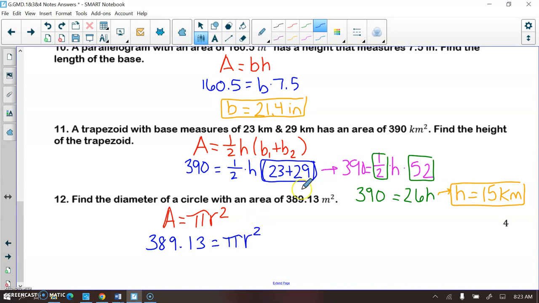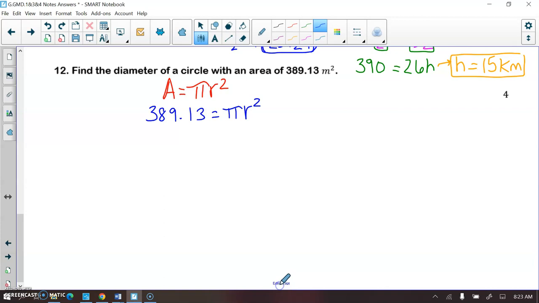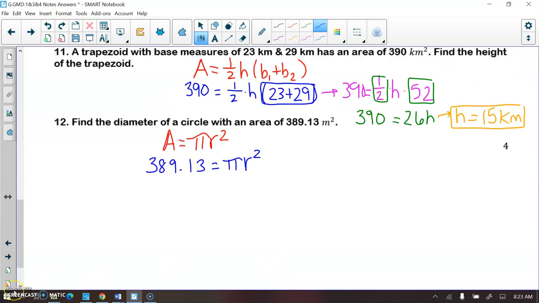All right, so here's where that pi button is going to come in handy on your calculator. We're going to do 389.13 divided by, and then hit the pi button. Rounded, we would get about a 121 is equal to r squared.